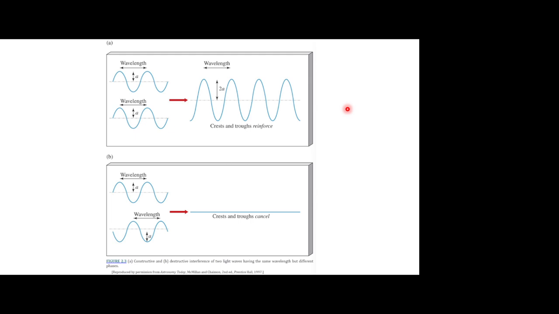Okay. And what this is is a constructive interference between two waves. And what ends up happening is the amplitude is the addition of the amplitudes of the individual waves. Okay? And that's called constructive interference.